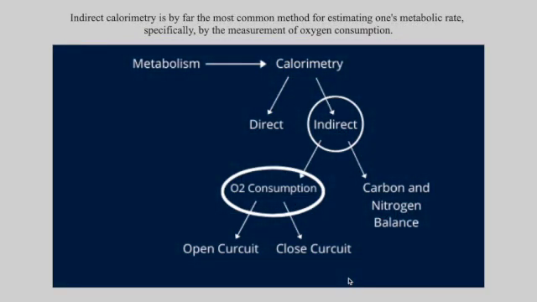On the other hand, we have indirect calorimetry, which is by far the most common method for estimating one's metabolic rate, especially by measurement of oxygen consumption. That's what we're going to talk about: where we are consuming O2, where CO2 is coming in, where the nitrogen balance is, and all those details.